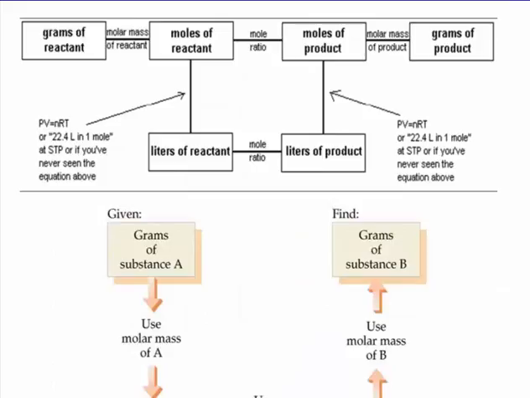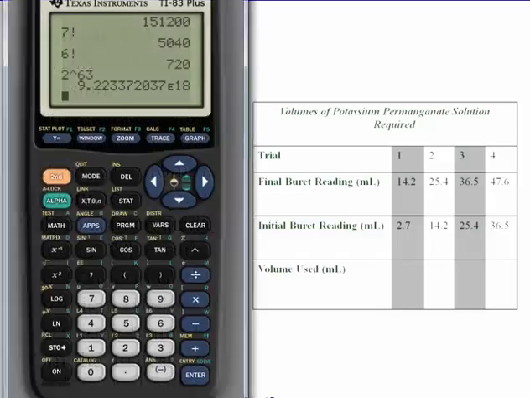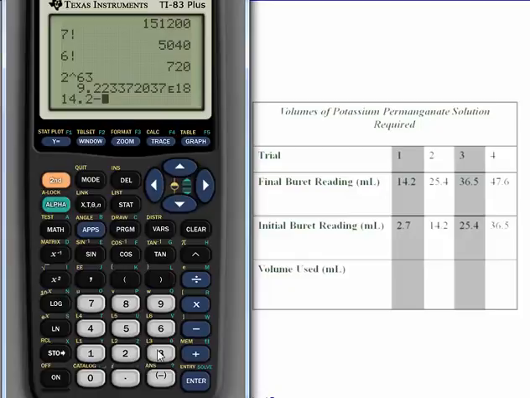So, okay, let's do an example. So here's the math we're looking for. Normally, you're going to be given some results in the form of a table. So the first thing you need to do is you need to do some subtracting and figure out how much actual volume was used. So I'm just going to pull up my calculator here. 14.2, and we're going to subtract 2.7.